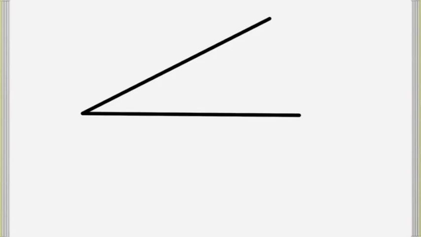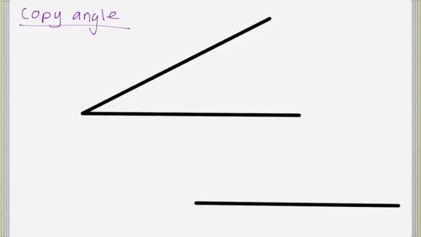So our first construction is copying an angle. So first thing you're going to do is make an angle that you want to copy, and then make a line that you want to copy that angle onto. So our goal is to take however big this angle is and make the same exact size angle in another location.